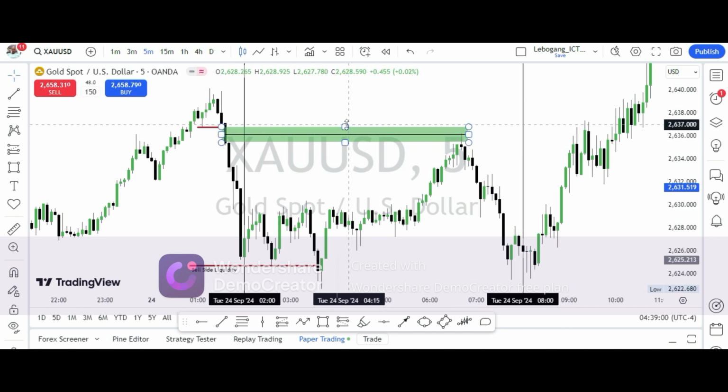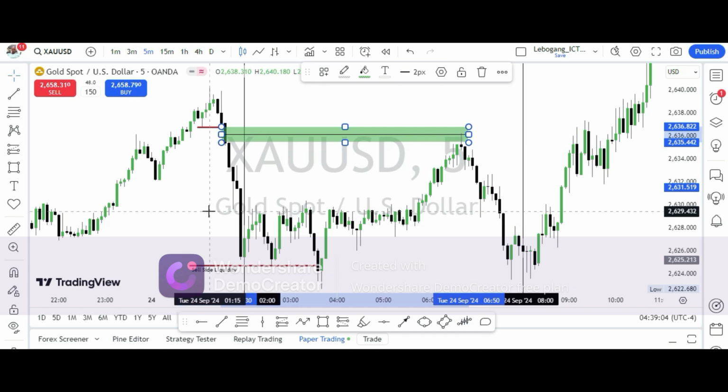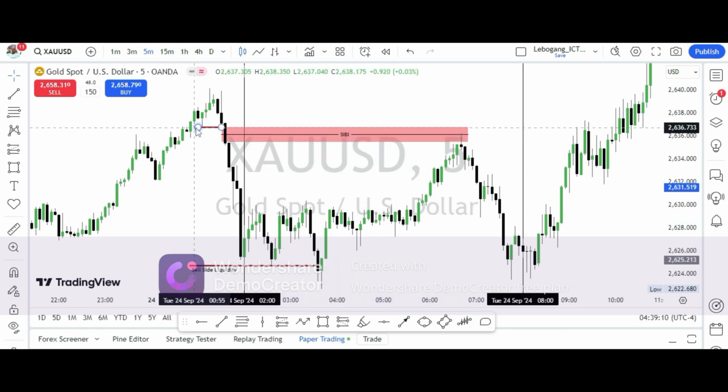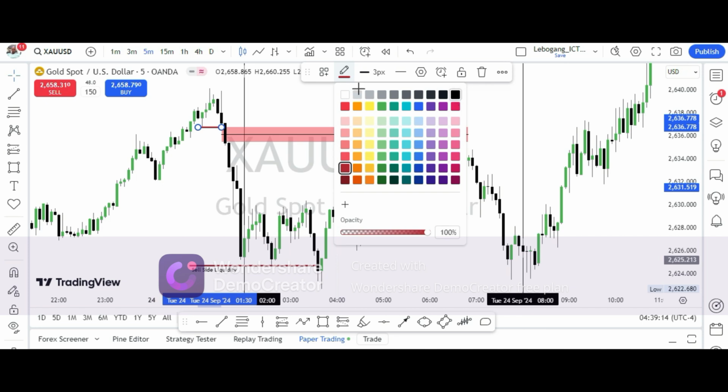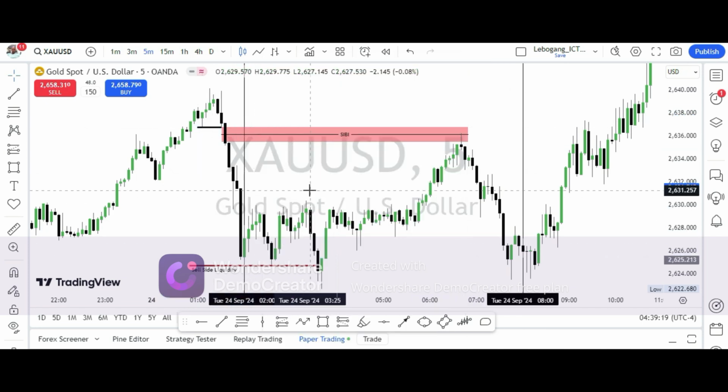So this is our CB, sell side balance buy side inefficiency. If you're looking for a gap for a buy or for a sell, you're gonna use this one.